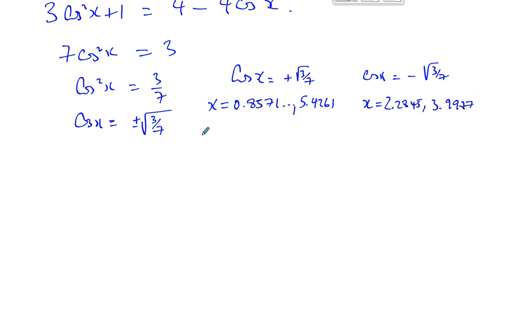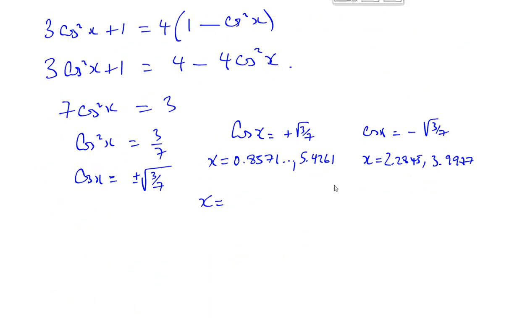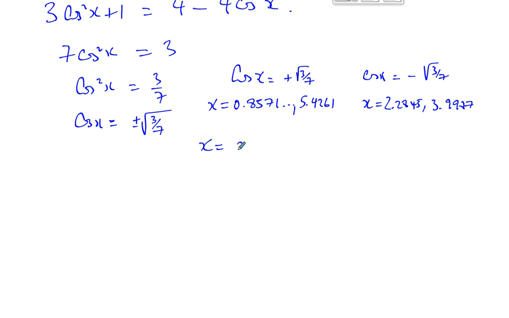Okay, so our solutions in the end have to be to 2 decimal places, as I mentioned in the question. So we're going to put 0.86, and then in order 2.28, and then 3.99, which is going to give you 4.00 actually, because that will make this become 10 there.